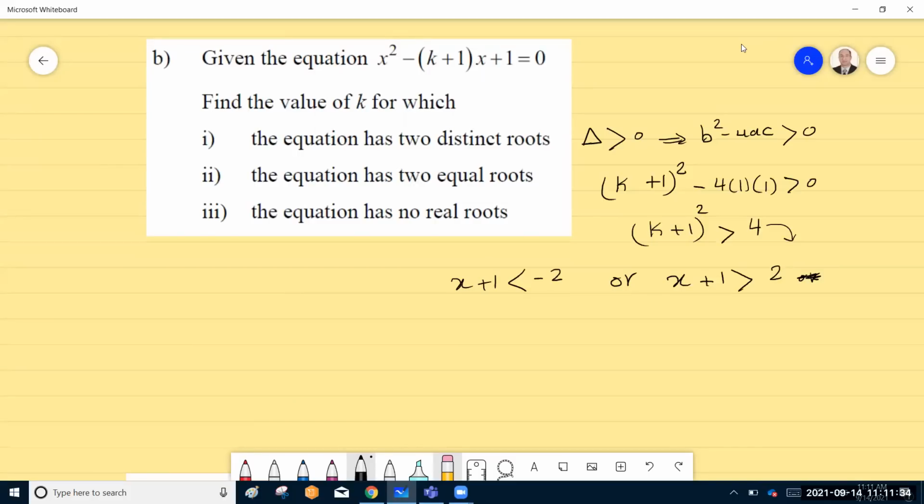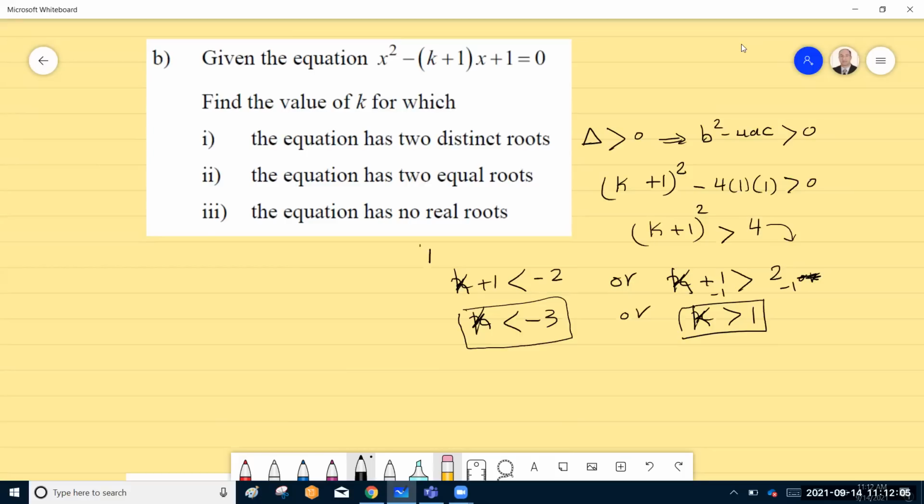So the solution is k smaller than -3, or k bigger than 1. These are the values that make the equation have two distinct real roots, or two different real roots.